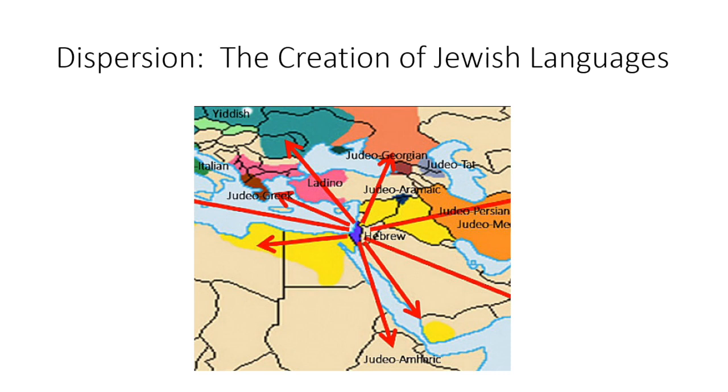Back in Israel, Hebrew is moving along, although Aramaic is certainly the lingua franca of the region. It's the language of international trade, and things go well there until, of course, the Greeks show up, and subsequently the Romans show up.